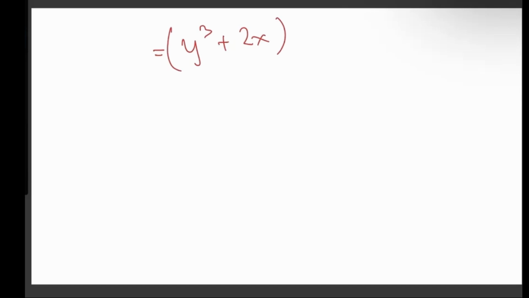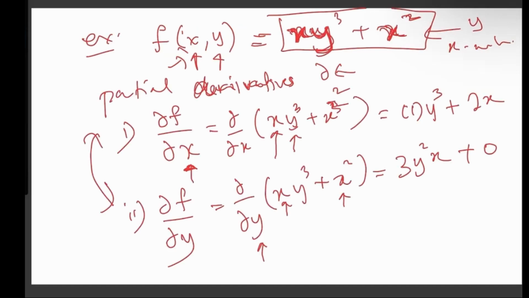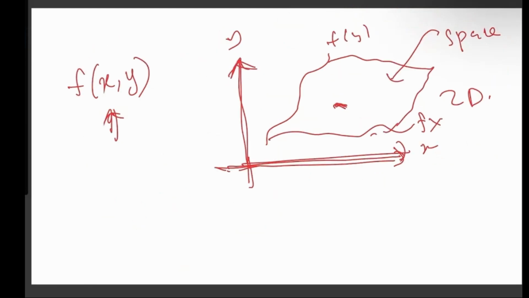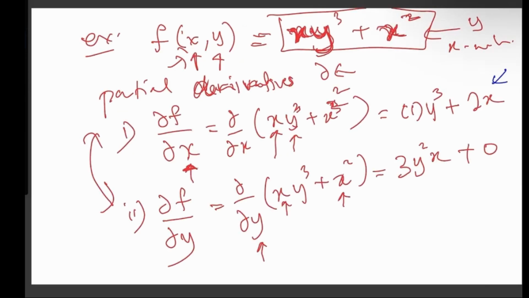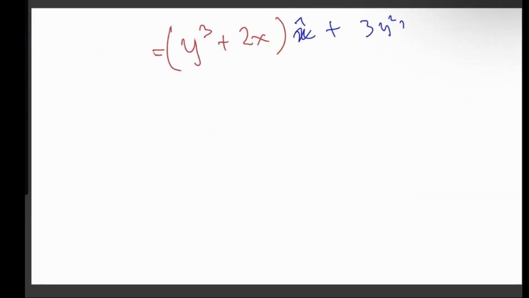This one is the partial derivative with respect to x, so we call it the x axis, plus this one, the partial derivative with respect to y, which is 3y squared x along the y axis.